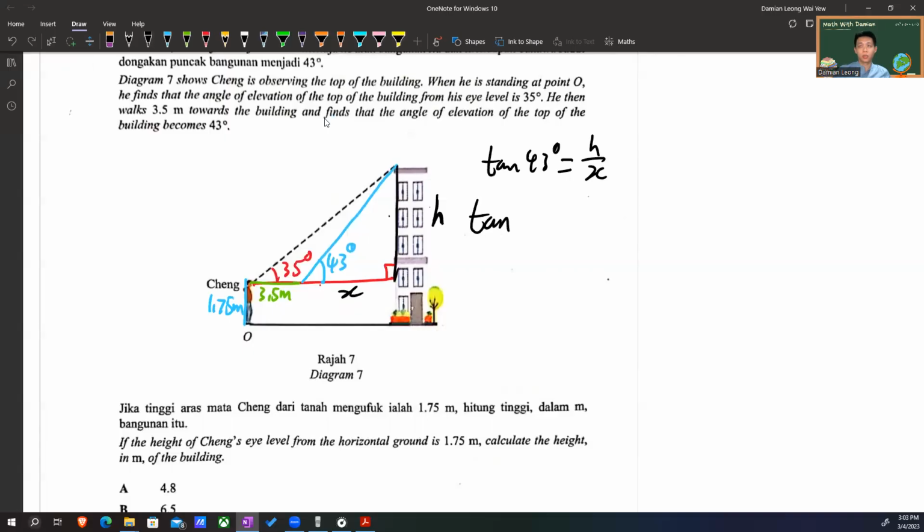And tangent 35 degrees is opposite H over the horizontal x plus 3.5. Okay, it's actually probably easier to find x first.